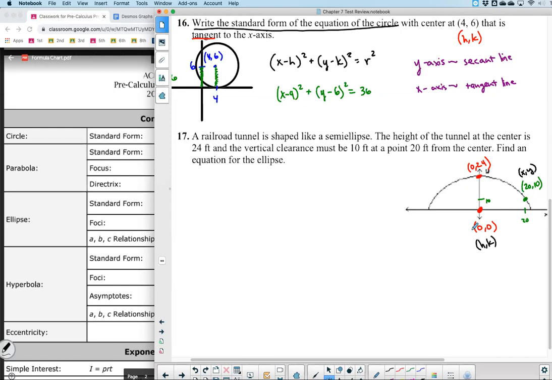So it says write the equation for the ellipse. Here's what we know right now. That we have a parenthesis squared over a squared plus a parenthesis squared over b squared equals 1. That's what I know right off the bat.